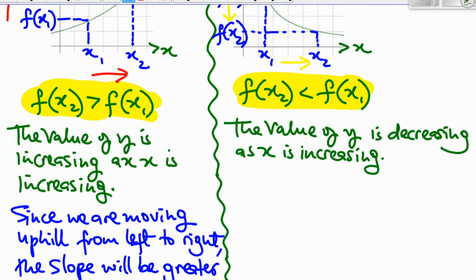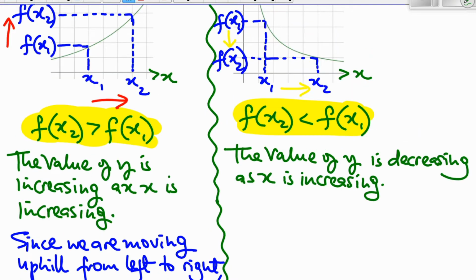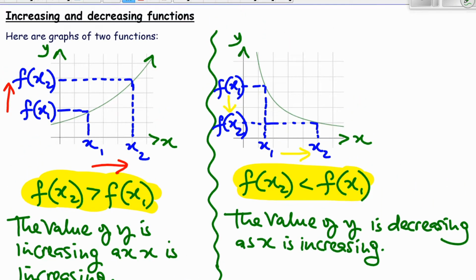Another observation that we can make from this graph is that since you are moving downhill from left to right, the slope is less than 0.